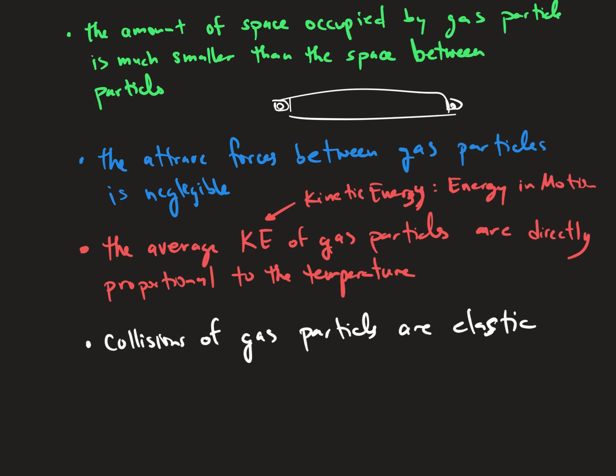Now, is there any heat when they hit each other? Just a little bit, but compared to everything else, that's the most elastic collision there is. There is a little bit of loss of energy, but it's almost 100% elastic. They just bounce off each other.